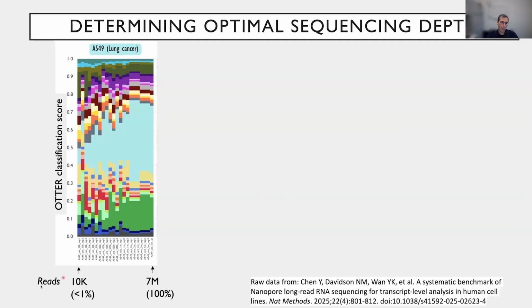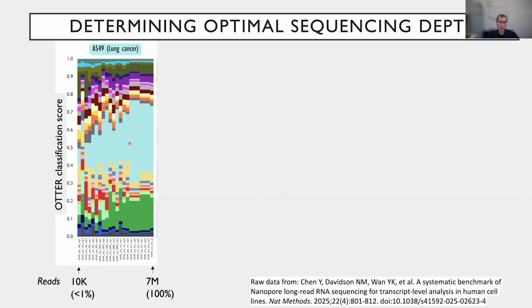And then what Sandy did was to ask the question of how much data we actually need from the Nanopore to be able to classify our cancers correctly. She did a number of experiments. Here, the major classification score or the subtype is depicted by this blue color, which matches the blue color at the top. What you're looking for is the emergence of this light blue color and the number of reads that are necessary for that to begin to emerge.